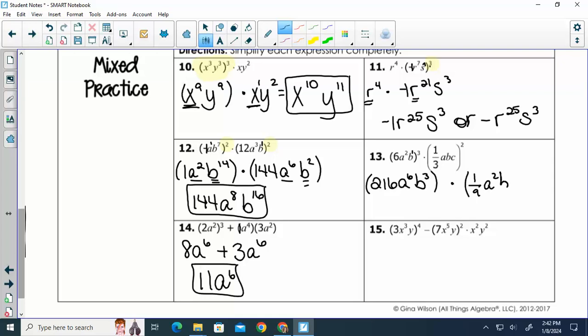A squared, B squared, C squared. So now we multiply. What is 216 times 1/9? Right, a to the 6th times a to the 2nd. 6 plus 2 is 8. B, 3 plus 2 is 5. And then we still have the C squared.